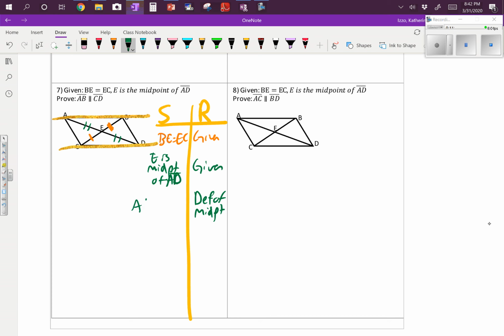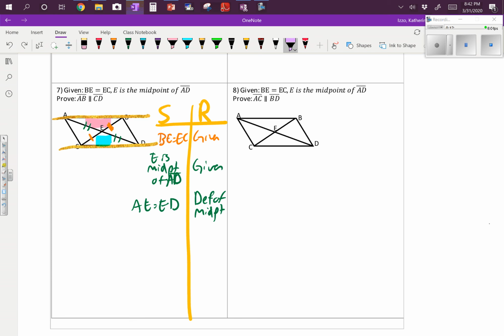So that means AE equals ED. Well, at this point we can prove either the side triangles or the top and bottom triangles are congruent. I want to prove the top two triangles congruent.